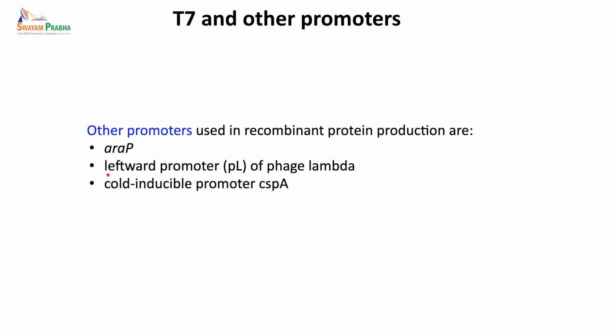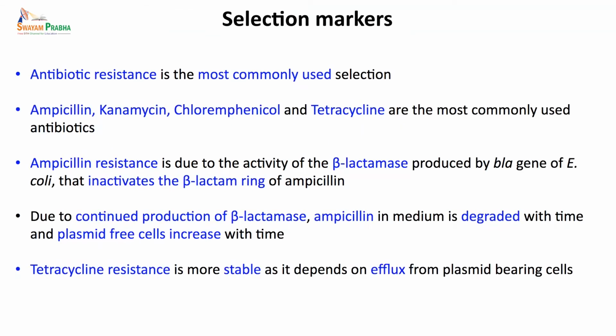There are also promoters which make use of the lambda phage promoter, PL, and cold or temperature inducible promoters. One cold inducible promoter which is commonly used is the CSPA promoter. So all you have to do is bring down the temperature of the culture in order to induce the transcription of the gene from the plasmid.